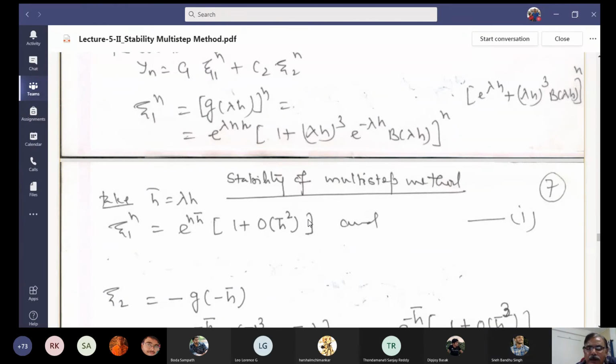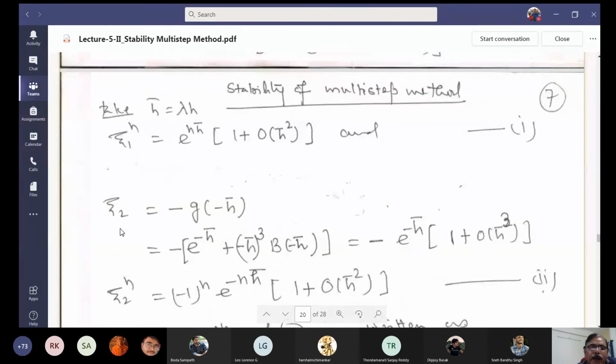Yes, sir. Similarly, immediately we can write your xi2, because we know that xi2 is nothing but minus g of minus h bar. So we write minus e of minus h bar plus minus h bar cube b of minus h bar, or we simplify that, minus e to power minus h bar you take out.